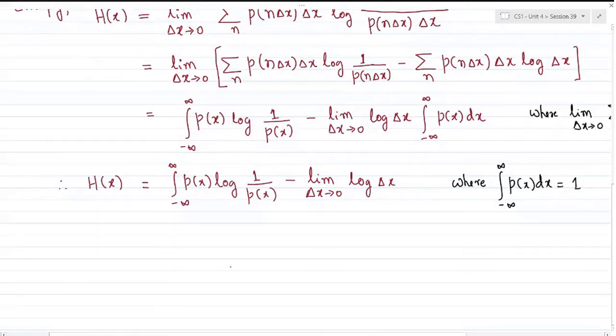We know from the definition that the area under the curve of a PDF is unity. We can ignore that term.